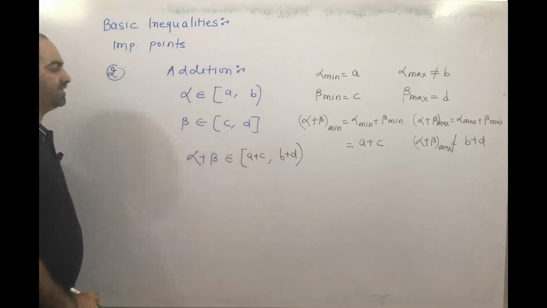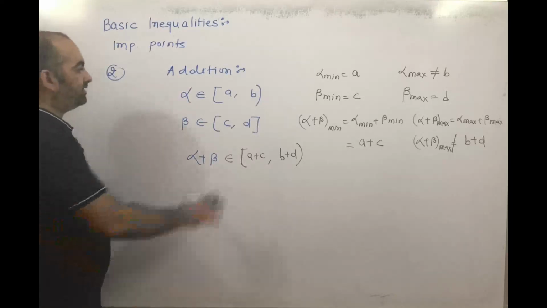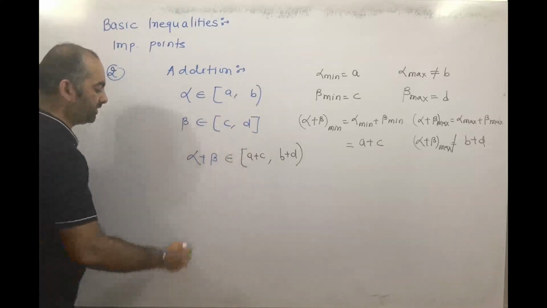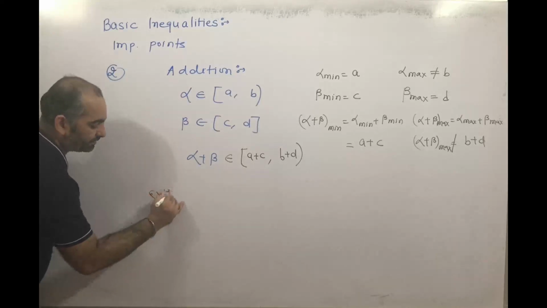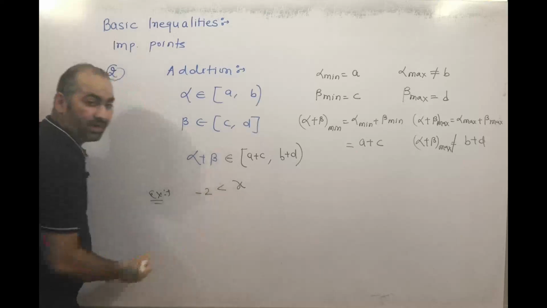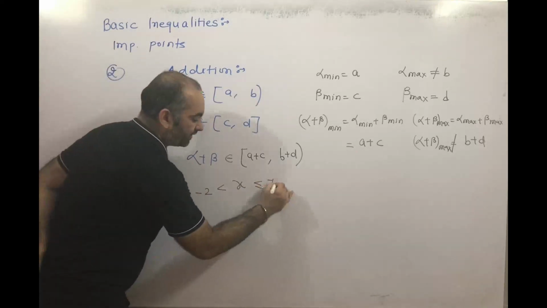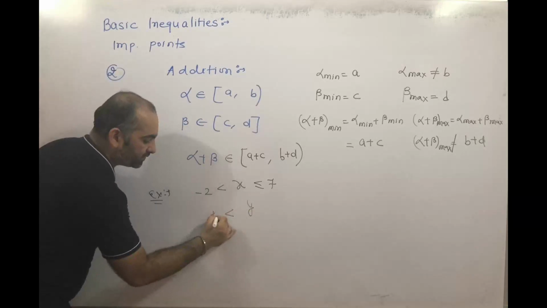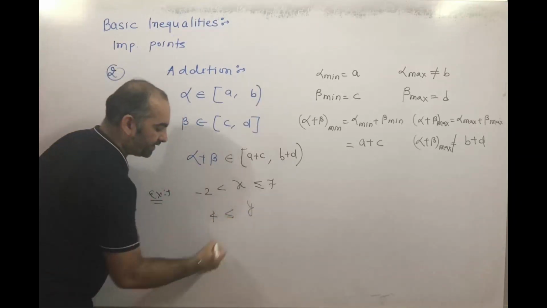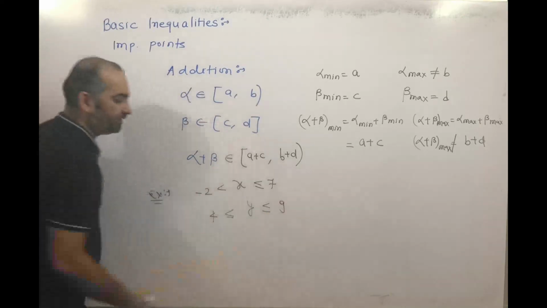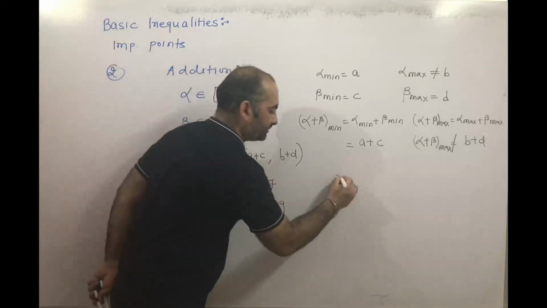Okay, now one more example we'll take. This we were writing in terms of interval. Now here we are writing in terms of inequalities only. So this example we are taking, if x is greater than -2 and less than or equal to 7, and y is greater than 4, equal to also we are taking here, and less than or equal to 9, then we want x plus y.